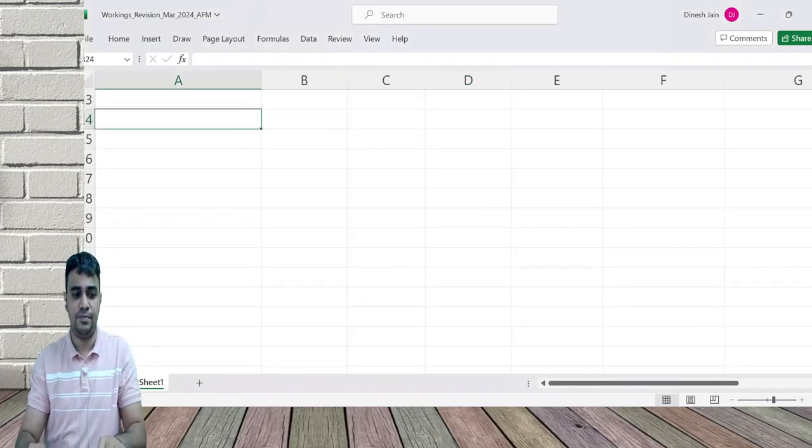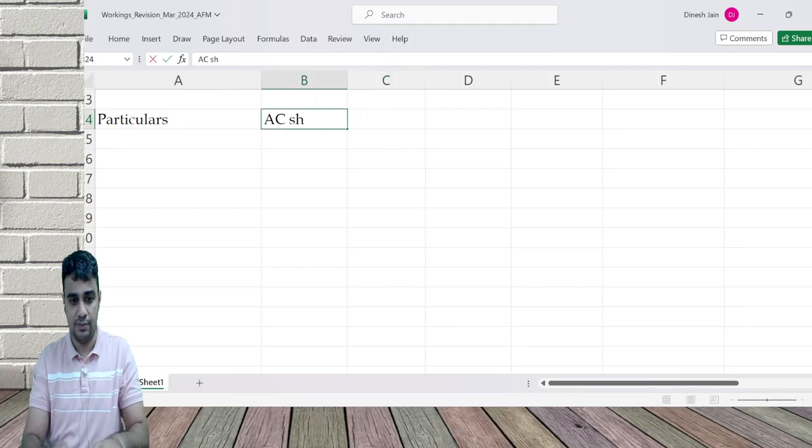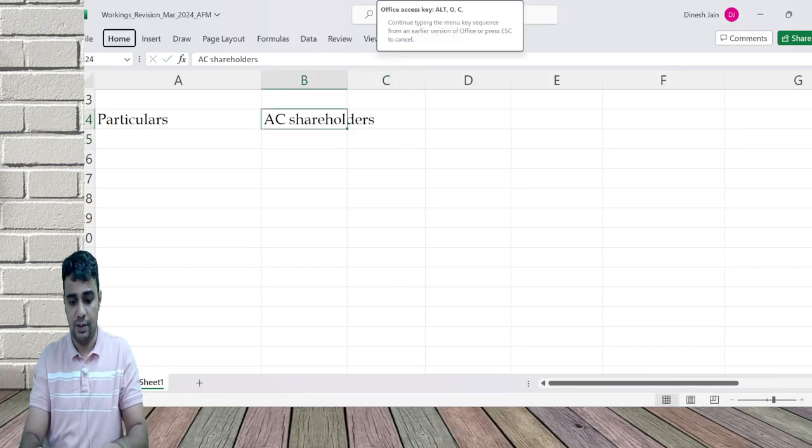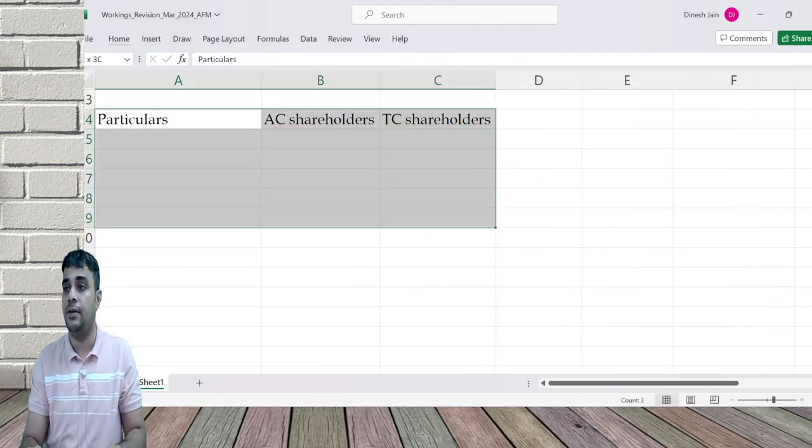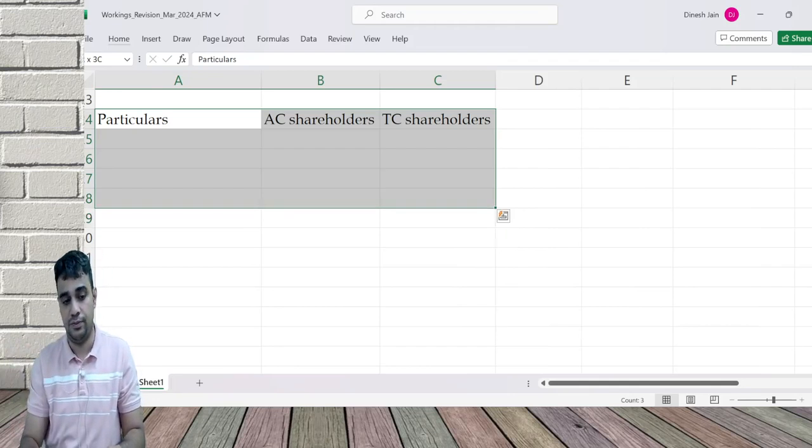Particulars: AC shareholders, TC shareholders. I'm using the word shareholder because acquiring company and target company names change when merger happens. It is only the gain or loss for the shareholders now.